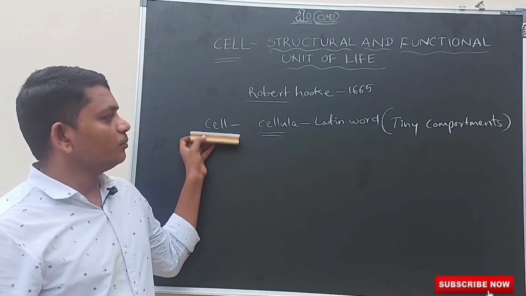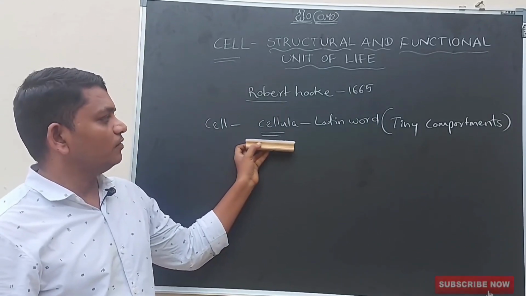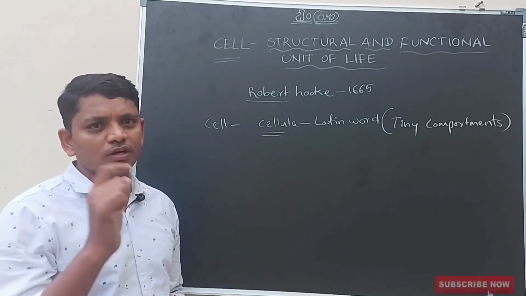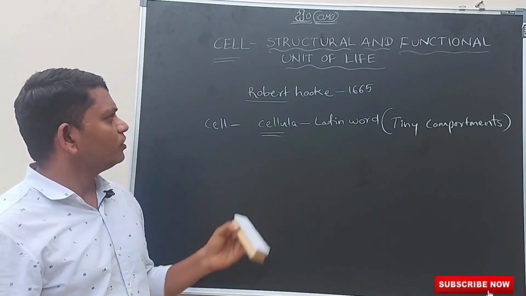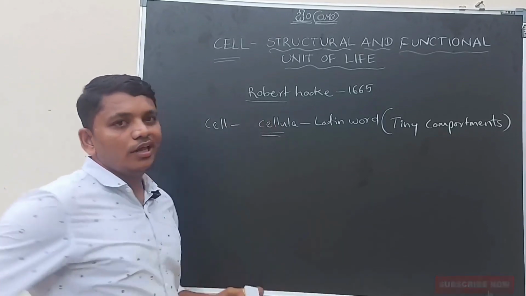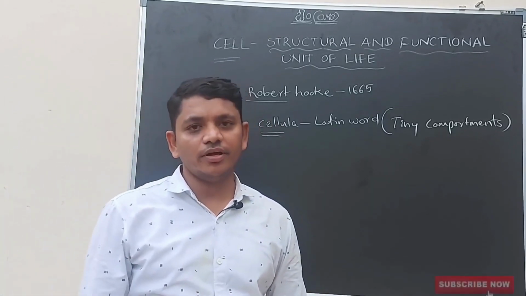So here cell comes from the word cellula, which is a Latin word meaning tiny compartments or small chambers. And for the first time, cells were discovered by Robert Hooke in 1665.